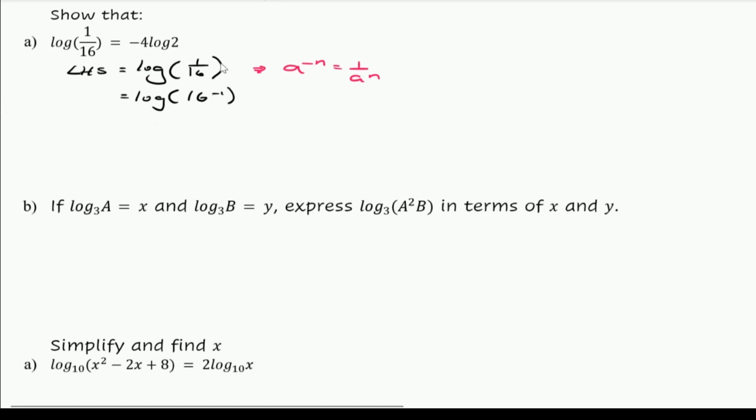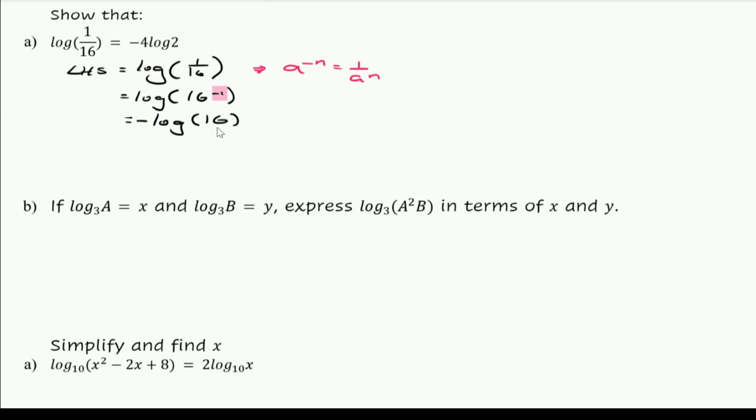So I'm going to bring this minus 1 out the front so that this then tells me that minus the log, base implied 10, is equal to 16.